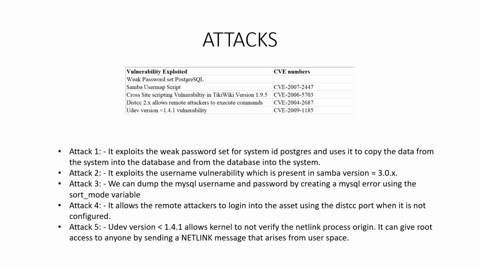The fifth vulnerability shows the udev version. If it is below 1.4.1, then we can log in to the system using distcc or any other thing, deploy the payload and escalate our privileges to root. We will see all these attacks.